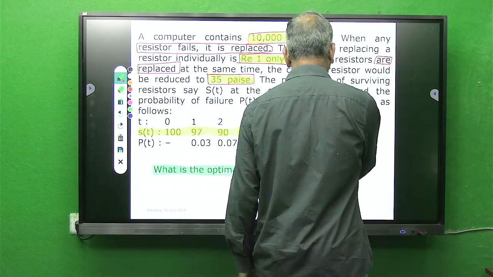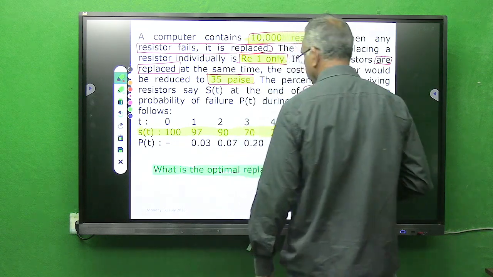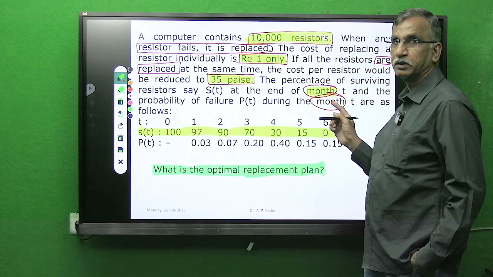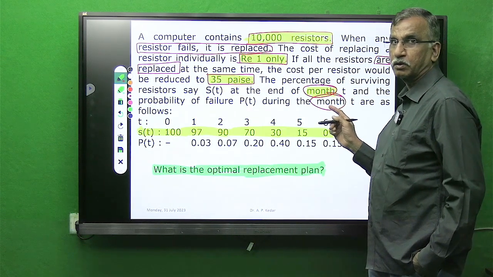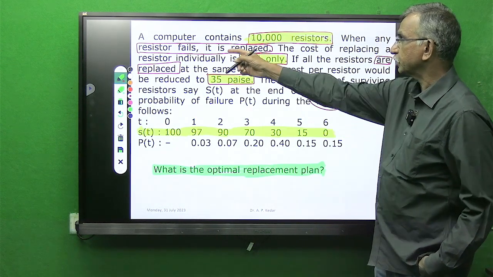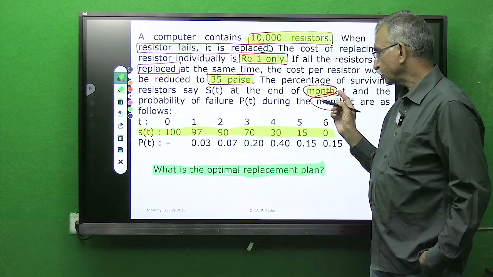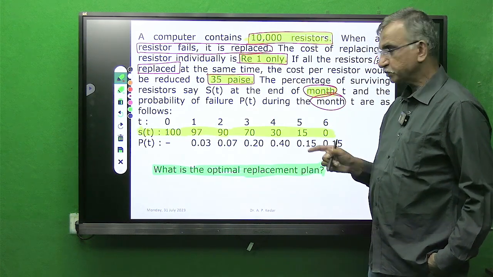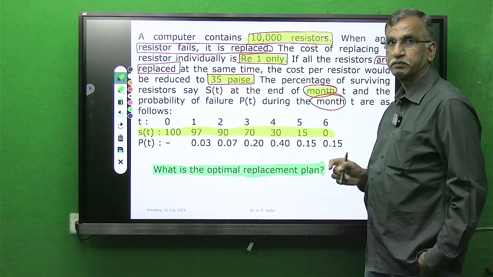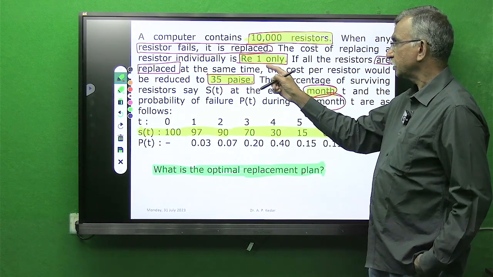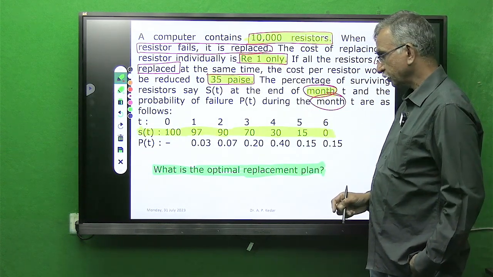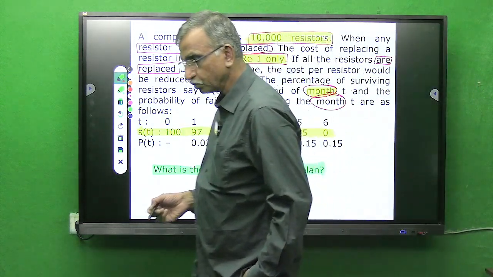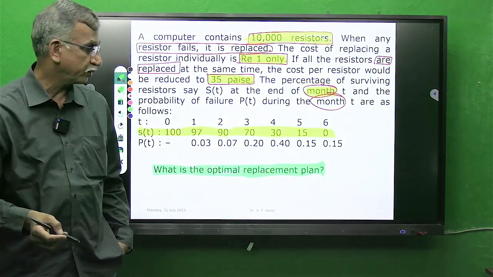Since it is now very clear that the unit is month, we will calculate the individual replacement policy for this register. We will also compute the group replacement policy for the same register with Ci and Cg values, and then based on the final values we will decide whether to go for individual replacement or group replacement.